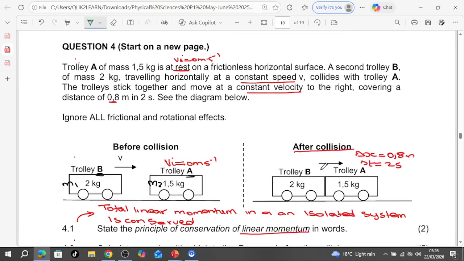So the statement said that after collision, because that's the velocity that we are interested in, the velocity that these two objects moved with, they traveled a distance of 0.8 m in 2 seconds, and this is the data that I have.